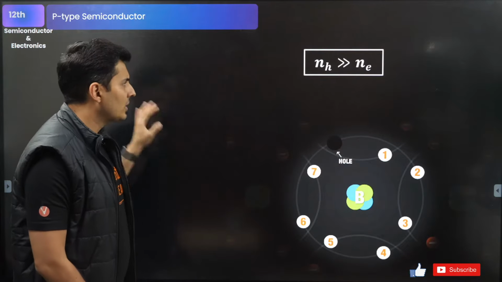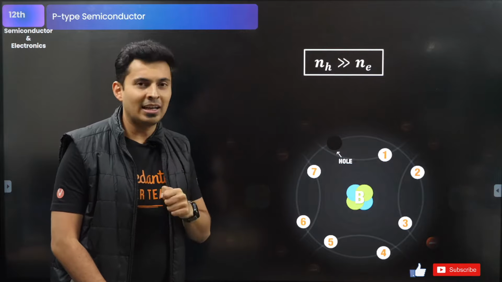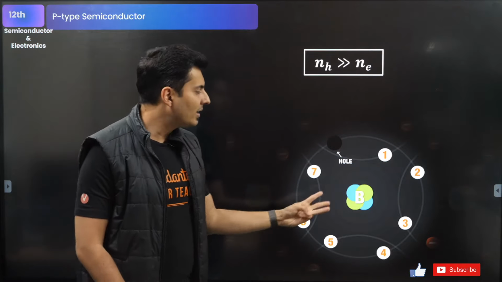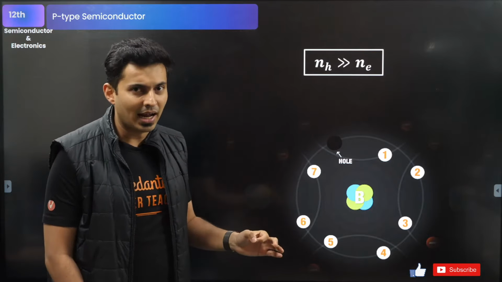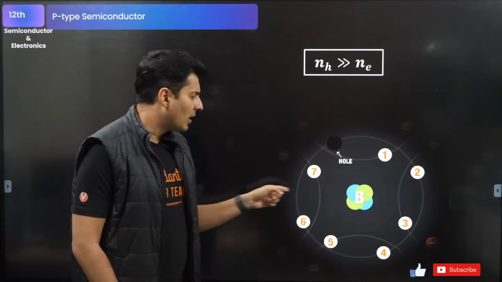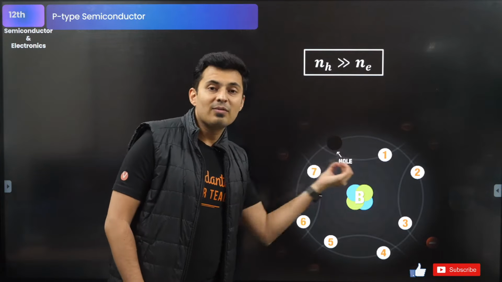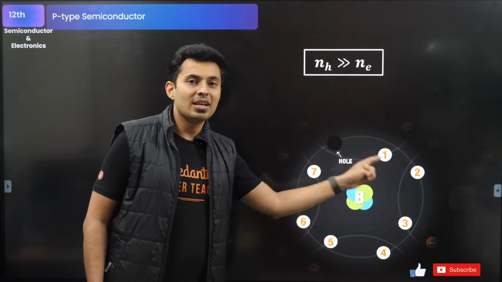The exact opposite is true for p-type. P means positive. Positive can be found by removing an electron, that means a hole. So you need a trivalent impurity, or doping element or material, to be added. So like aluminium can form a bond here, here and here, and you will see there is one vacancy created. So there is no extra electron because there are only 3 electrons in the valence shell.